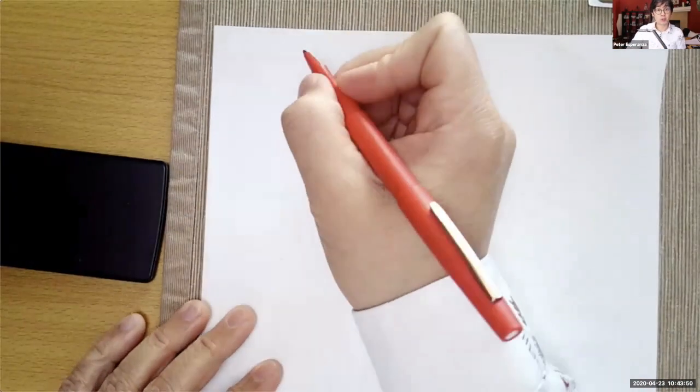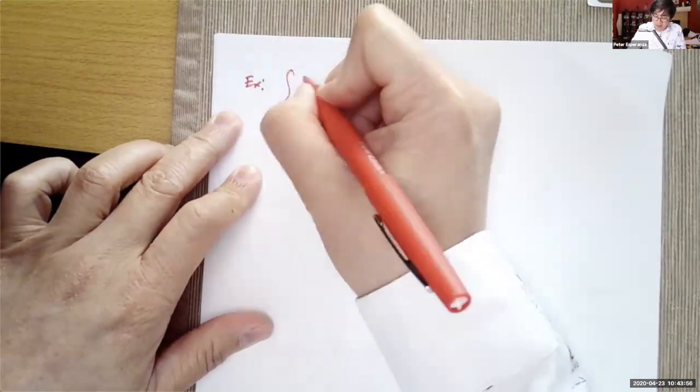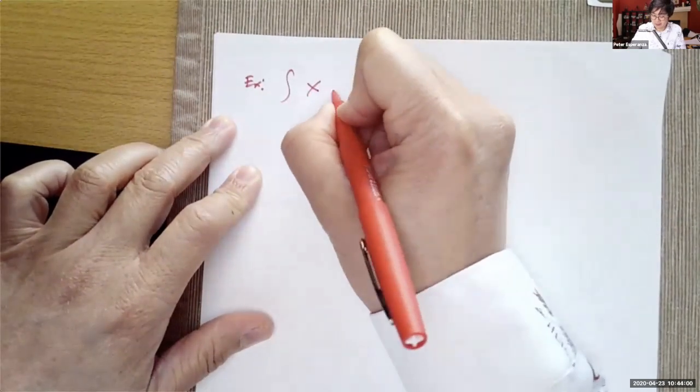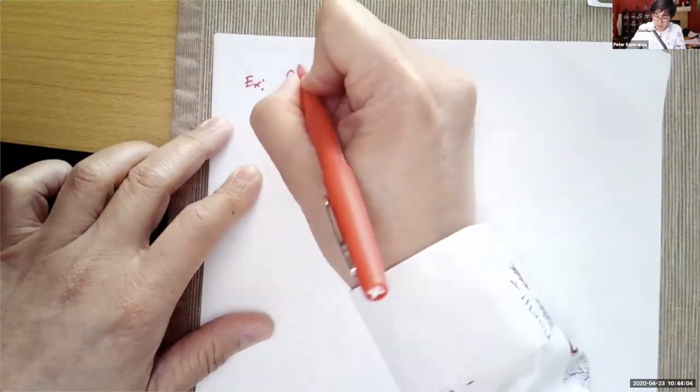Let's have the first problem for today on definite integration, and we'll keep it simple. The first example is to find the integral of x, from 0 up until 1.